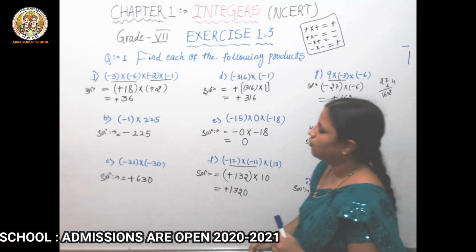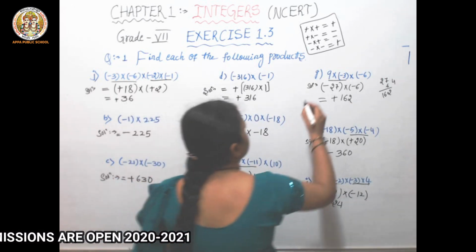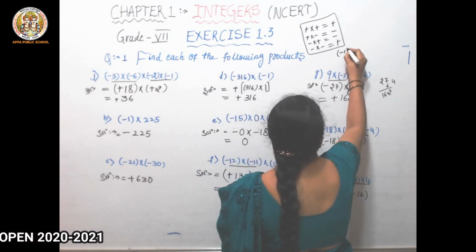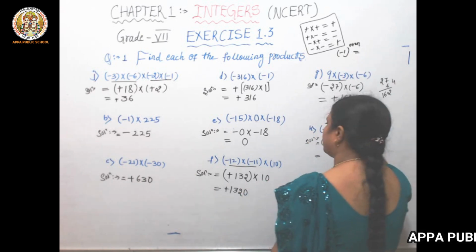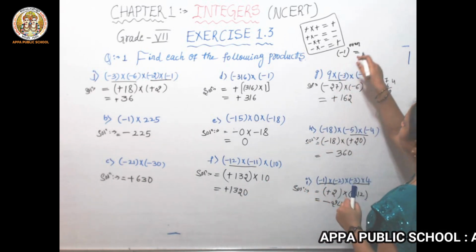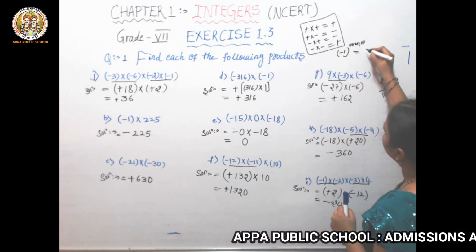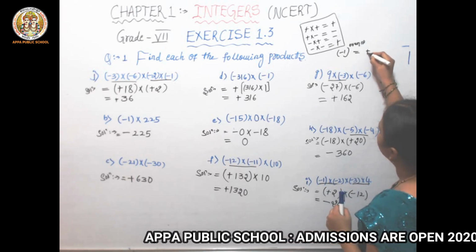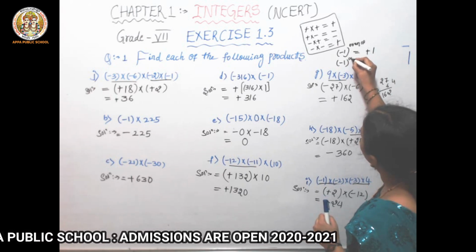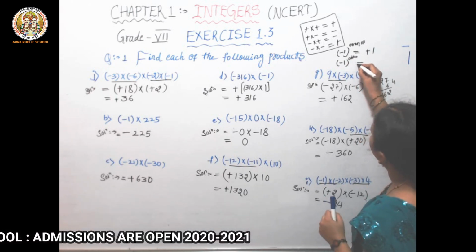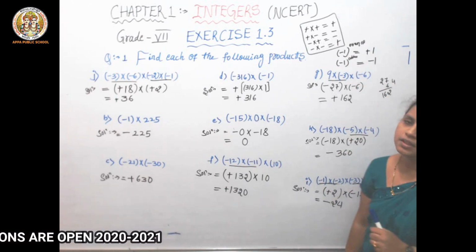So in general, you will write this as minus 1 to the power. The power indicates how many times it is. Minus 1 to the power, if it is an even number, then the answer is plus 1. If it is an odd number, then we get the answer as minus 1.